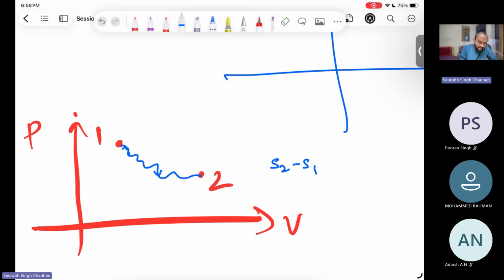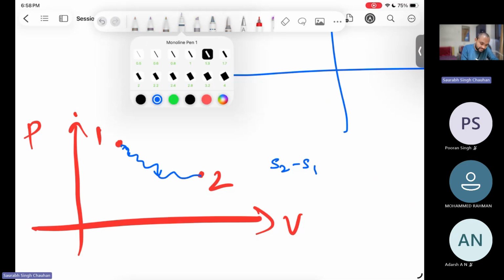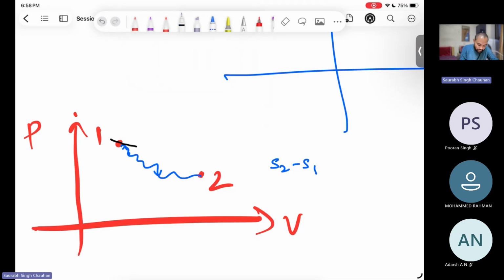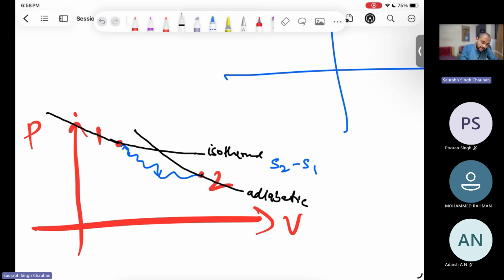What you can do is make one isothermal curve passing through point 1, and then one adiabatic curve passing through point 2. Now the path is initially along the isothermal, then along the adiabatic.